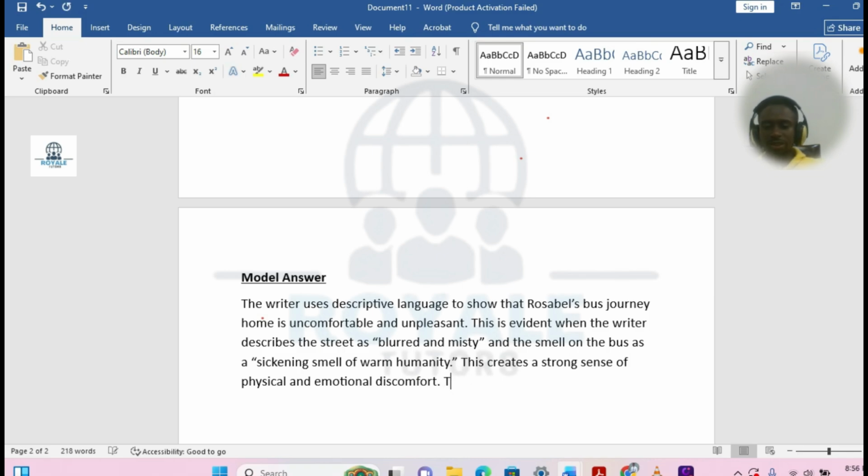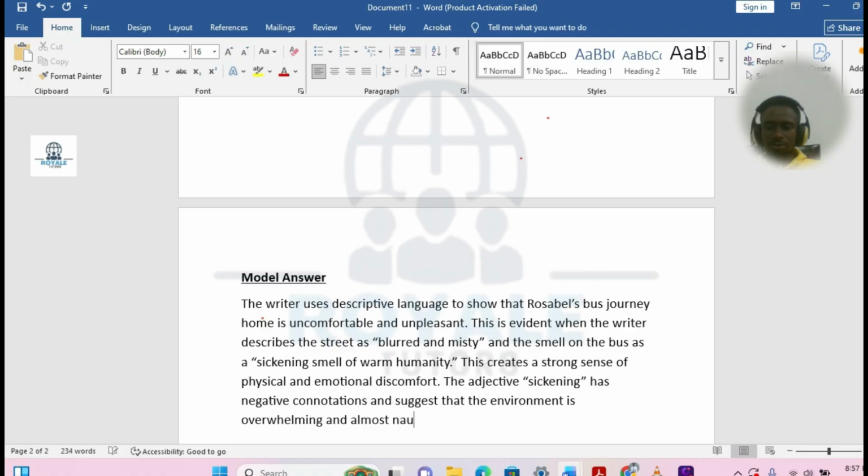Okay, so we can say the adjective sickening has negative connotations and suggests that the environment is overwhelming and almost suffocating for Roosevelt.